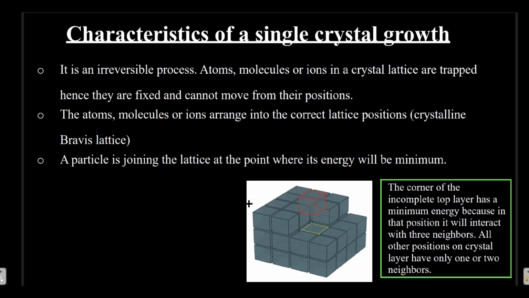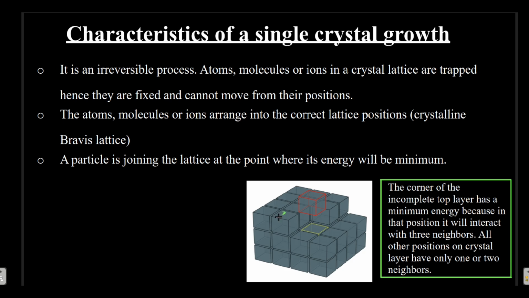You can see over here, I have put a picture. These are all the atoms or ions arranged at their crystal lattice. Now this red one, the red atom or ion that is in cubic form, wants to go from here to, it can take any of the positions, right?